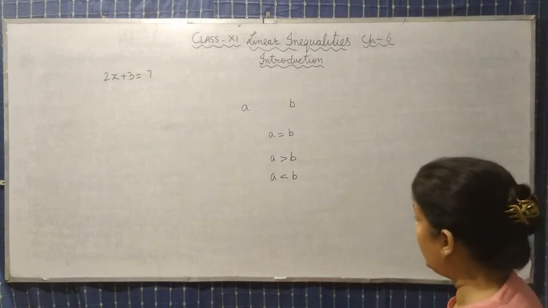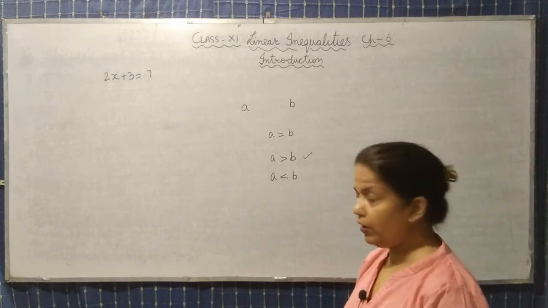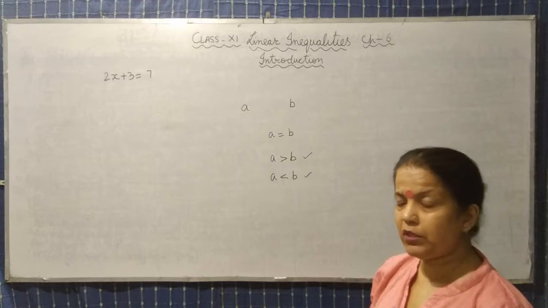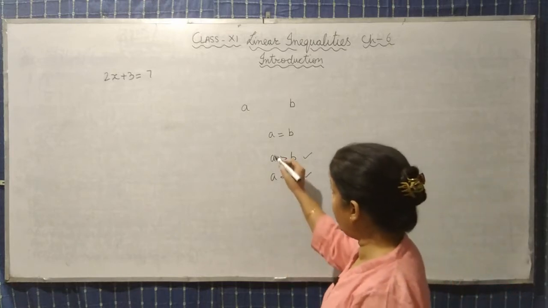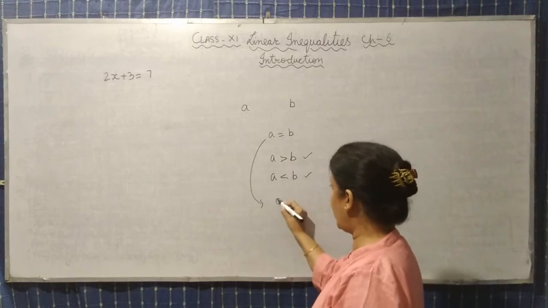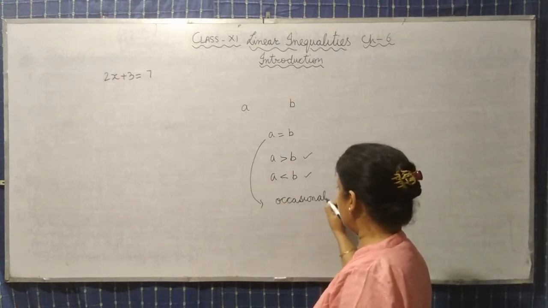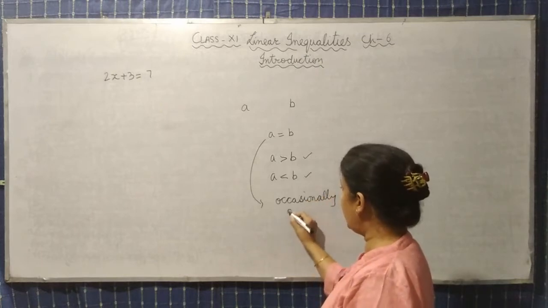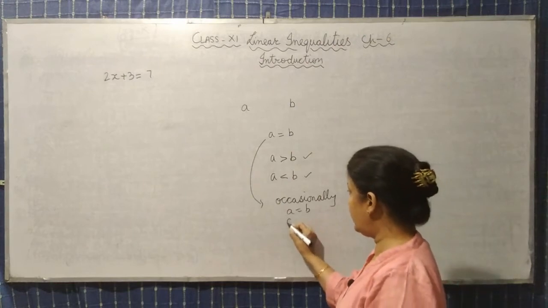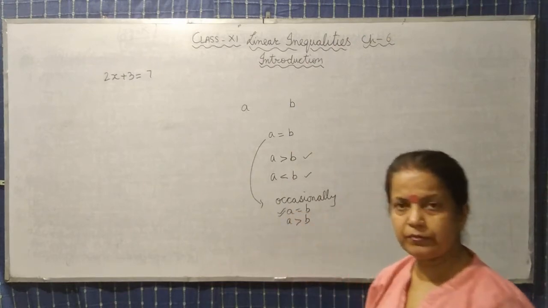अब greater than B, more than B and this is less than B. Sometimes हम ये भी कह सकते हैं occasionally A equals B या A is greater than B. This is occasionally.